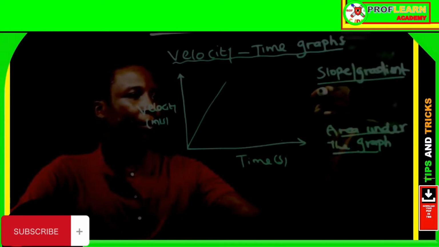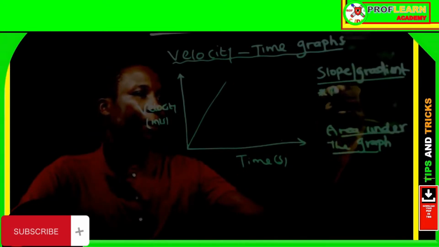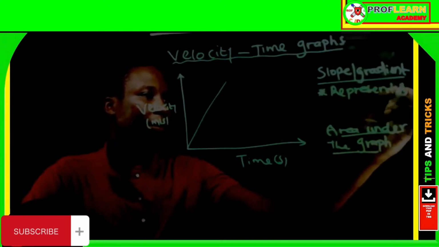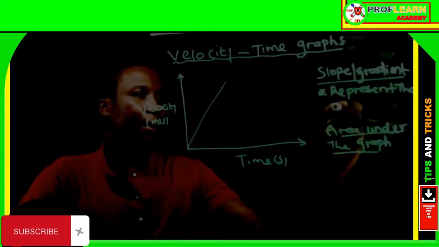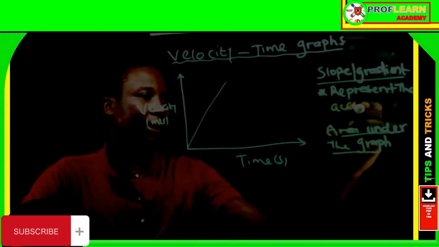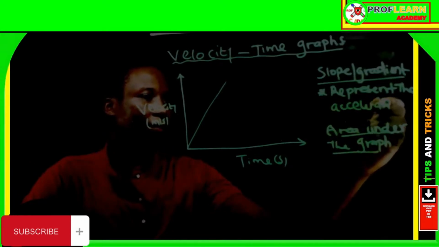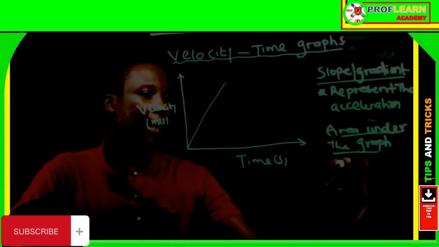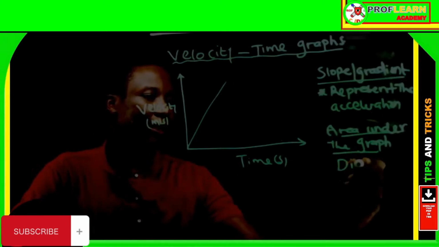So the slope represents the acceleration of that particular object. Area under the graph gives us the distance covered.